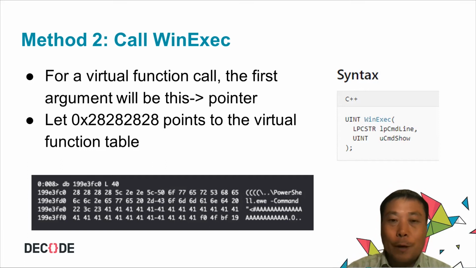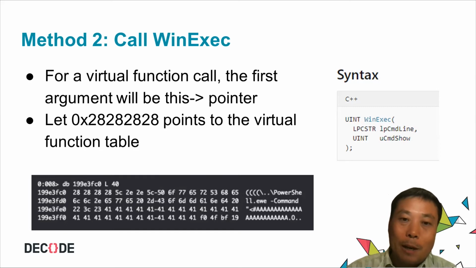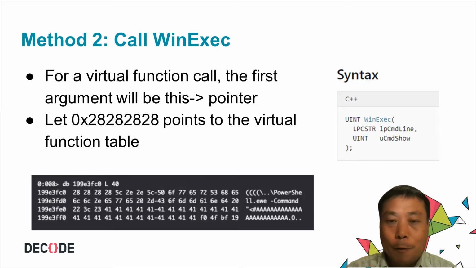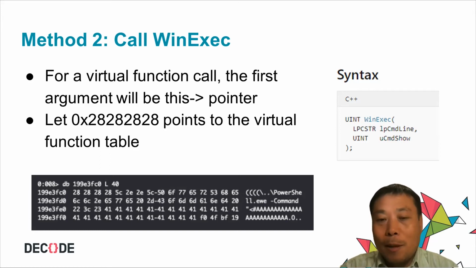We just need to feed it a command string, and we convert this use-after-free vulnerability into a command injection. And since we control the object content, we can write our long command string there.